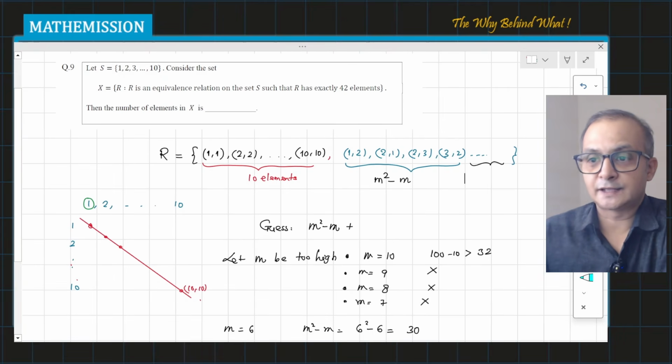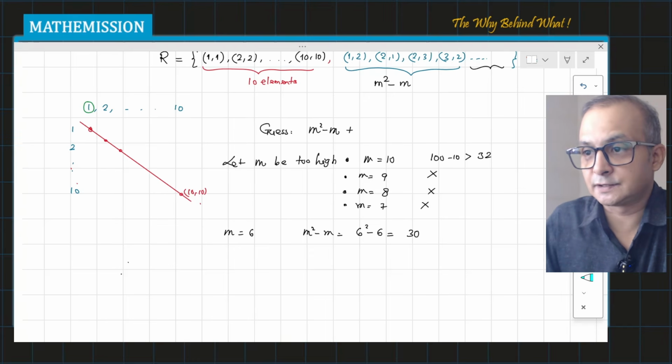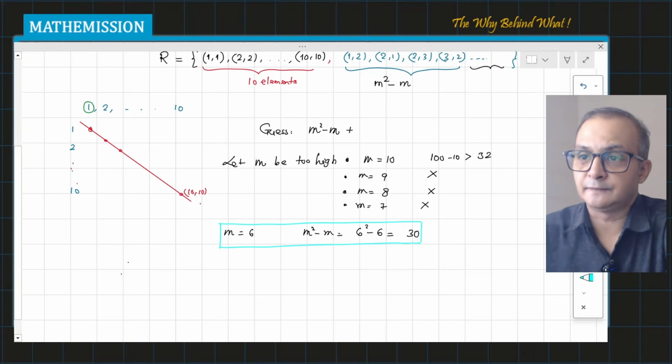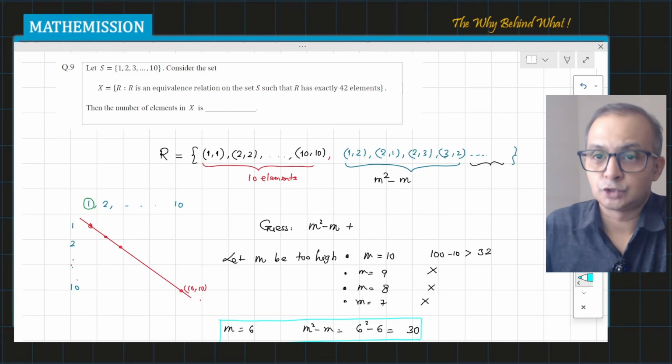You have selected, in this case, for the case m is equal to 6, let's highlight it. In this case you got 30, and I need 2 more elements.